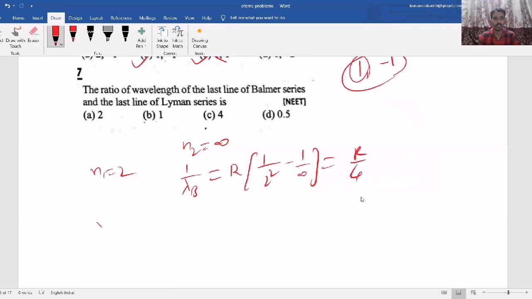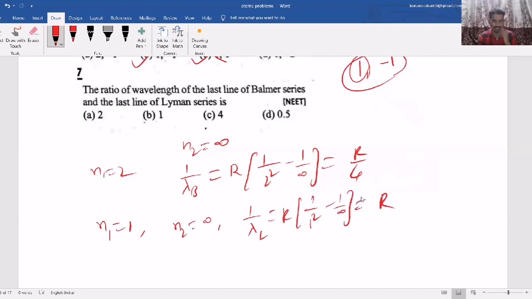Now N1 equal to 1 for Lyman series. Of course, last line means N2 to infinity. So this is for Lyman series. R into 1 by 1 square minus 1 by infinity. This is R. Now they are asking ratio of Balmer series to Lyman series.